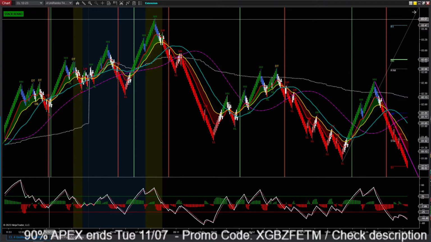It's double. You see here that there's a 4-unit Renko there, and the idea of having this chart up is that you would see the direction of the move and that would confirm what you are looking in your entry chart.